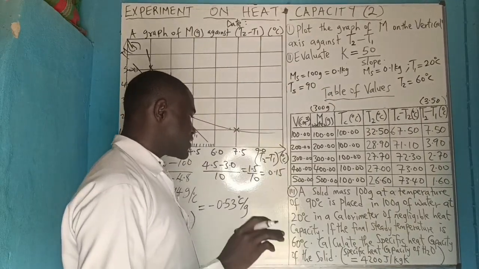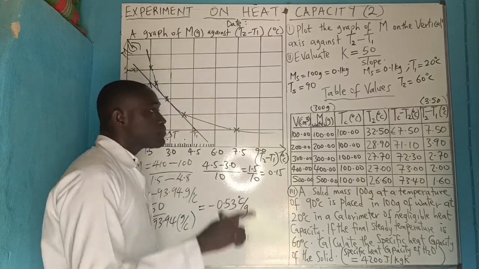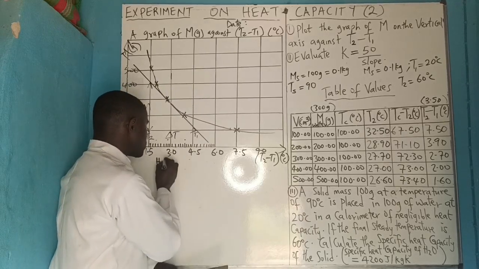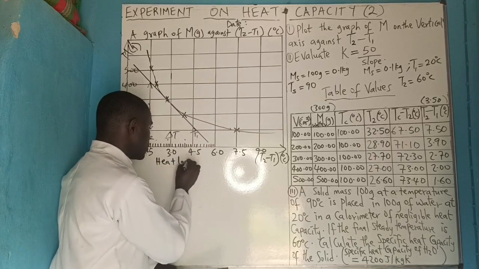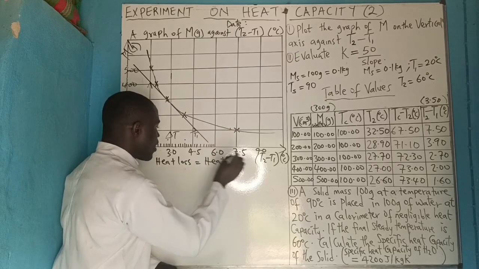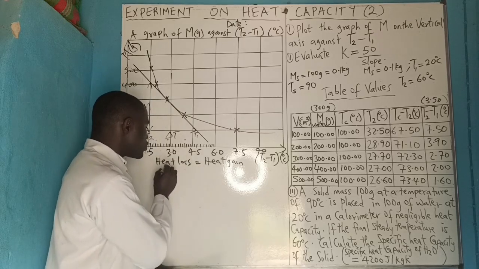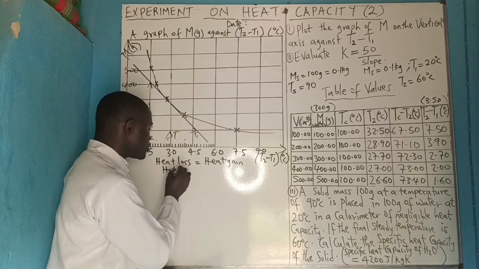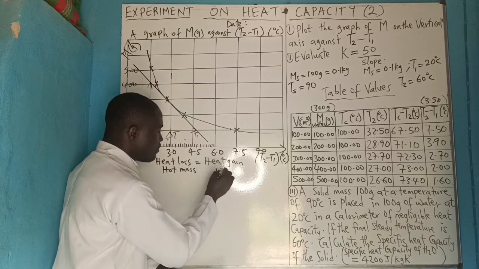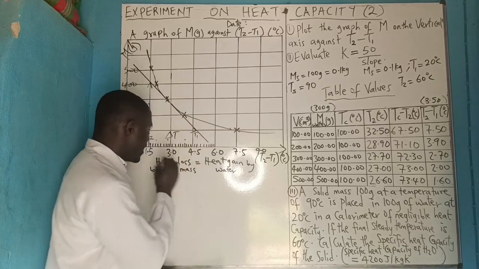Calculate the specific heat capacity of the solid. In solving questions on heat, we say heat loss equals heat gain. Heat loss by the hot mass equals heat gain by water. Are you getting it?